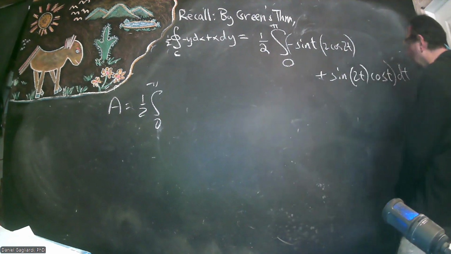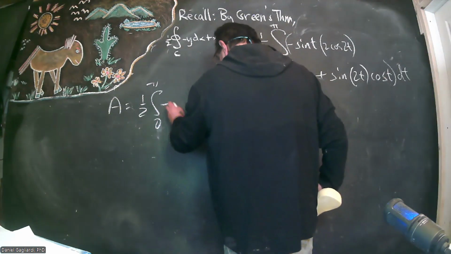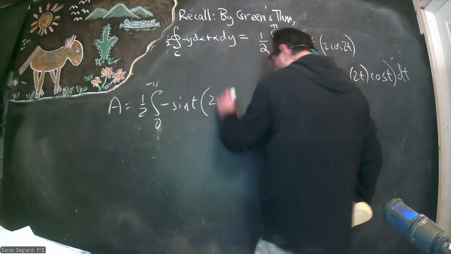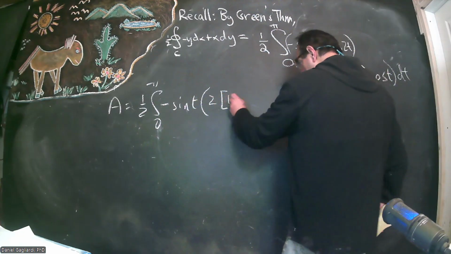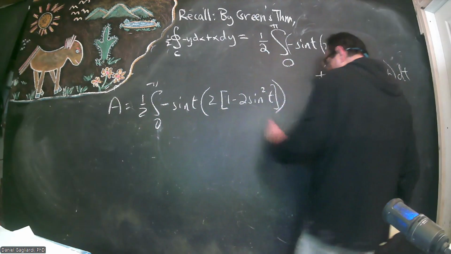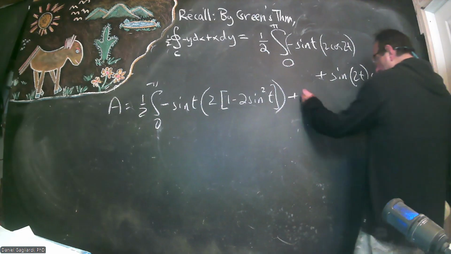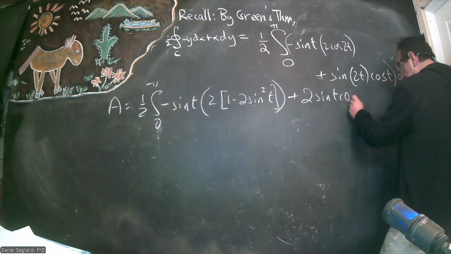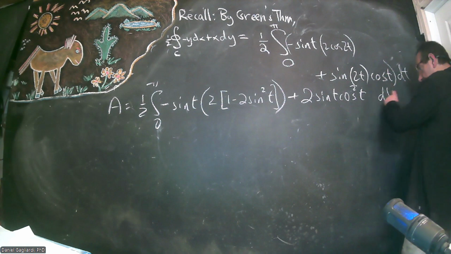We're going to have negative sine of t, and then 2 times what we said we were going to use, which is 1 minus 2 times sine squared of t. That's going to be the cosine 2t portion. Then for this portion here, we have 2 times sine of t cosine of t times cosine of t, that's cosine squared of t. And dt follows all this stuff here.